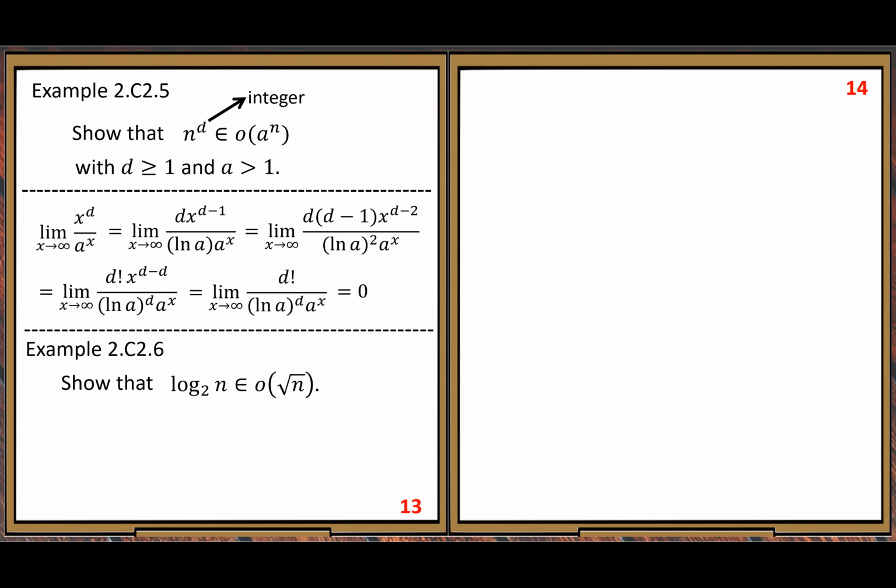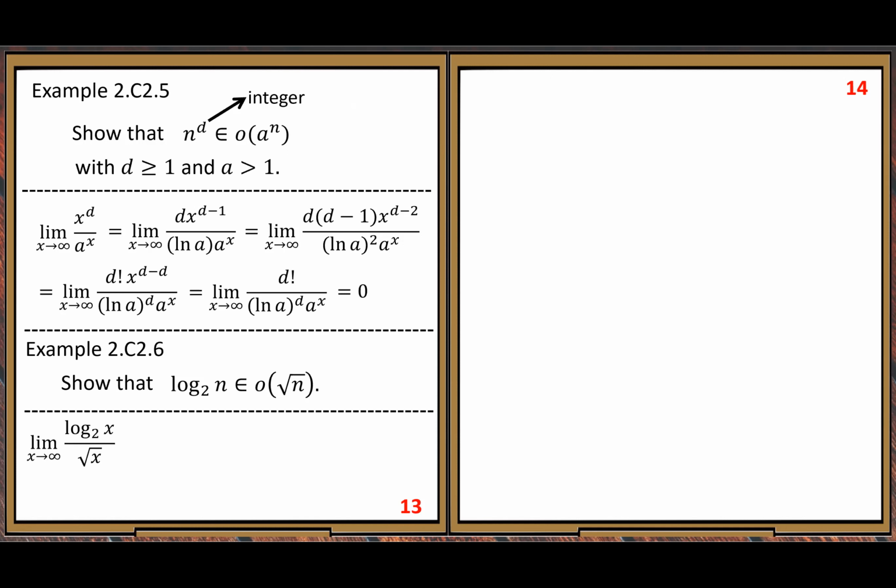Just a little more extra things you need to deal with. Square root function, not integer. This time the exponent is not an integer. It's a fraction. We can still do it the similar way, L'Hopital's rule.